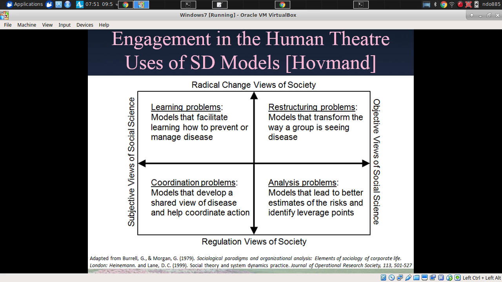We use grounded simulation modeling to help us better understand and develop a narrative that helps motivate people to coordinate more effectively, or helps shape heuristics and ways of thinking about a system so people can learn from it more effectively.